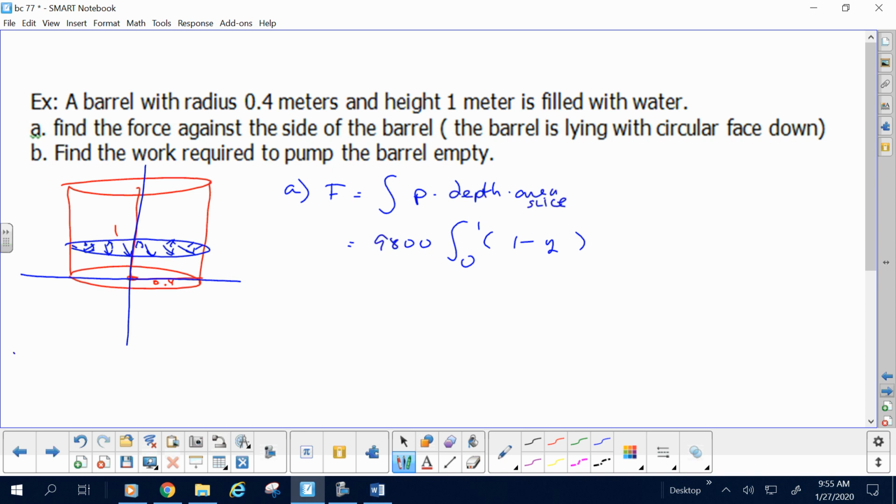Remember that the area of this line is an unwrapped rectangle where the base is 2 pi r, and the height is dy. So the area of each slice is 2 pi. Is r varying or constant? Constantly 0.4 dy. Throw that into your calculator.